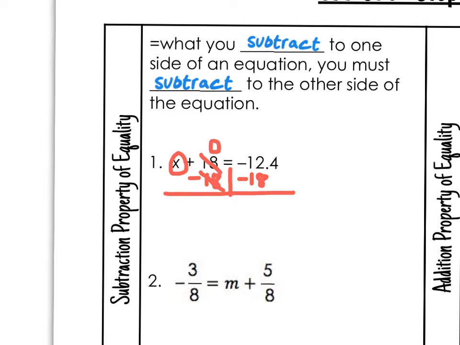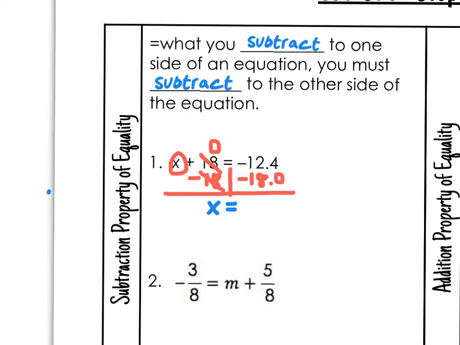So on the bottom I'm going to put what I have on the left side, which is just the x, and that equal sign is going to fall straight down that line. On the other side, we have this problem that we have to simplify. I'm going to add a 0.0 to the end of that negative 18, negative 18.0.